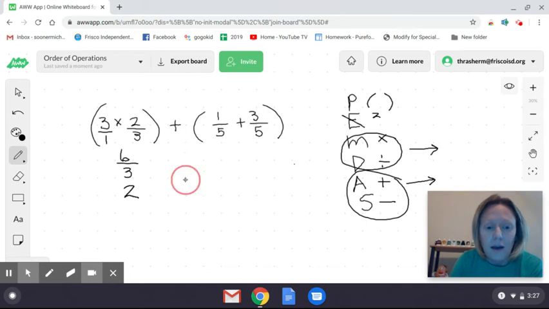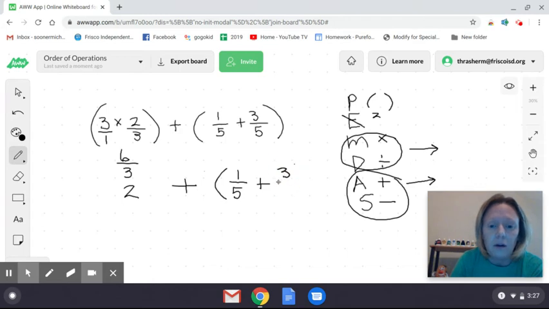Then I bring everything else down because I solve order of operation problems one step at a time. So you're going to write everything exactly like it was up above. And then I see that I have another set of parentheses still to solve.